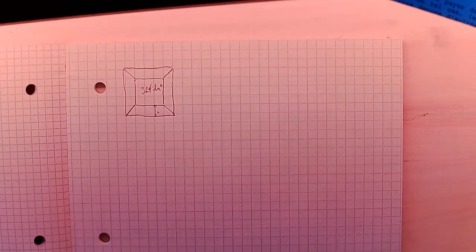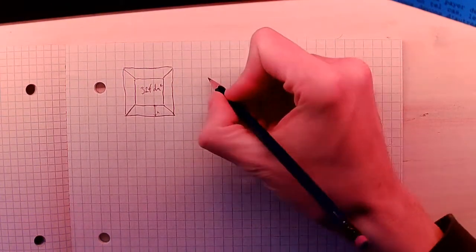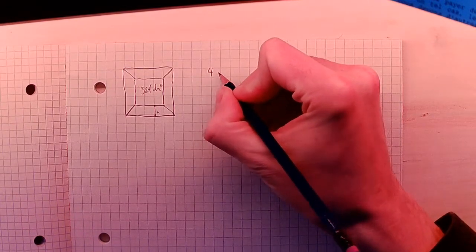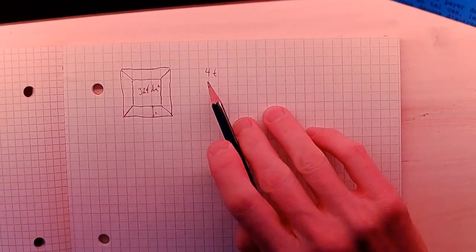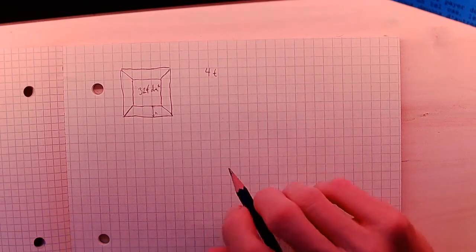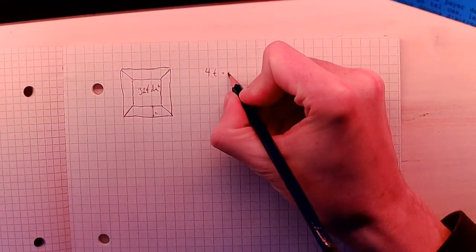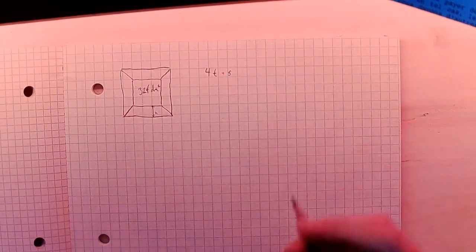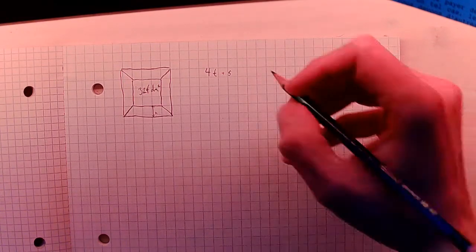Let's look at what the question tells us. So first off, we know there are 4 trapezoid tables. So I'll represent that with 4. We'll say T for trapezoid. So the area of 4 trapezoid tables plus the area of a small square in the center, we'll call that S, is equal to 5 times the area of the small table in the center.